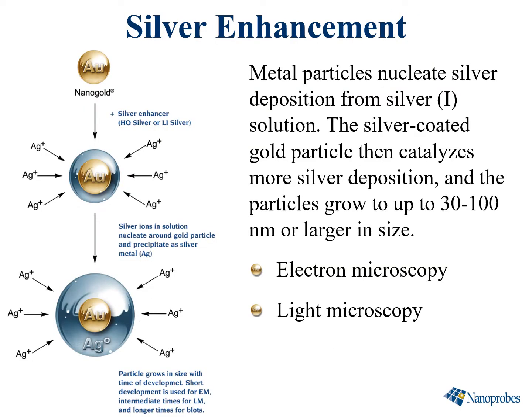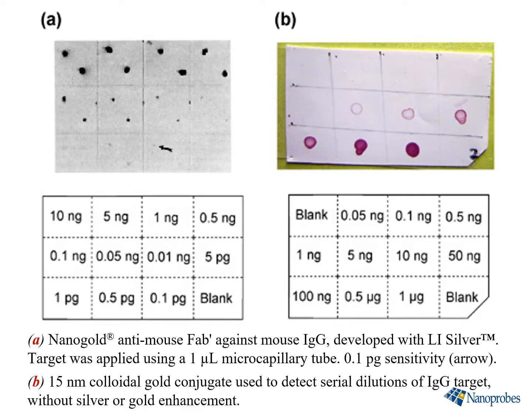If you take the reaction further still, it becomes a super-sensitive visualization method for blotting. And here we see a comparison between silver-enhanced Nanogold, which is the blot on the left, and a 15 nanometer colloidal gold on the right.